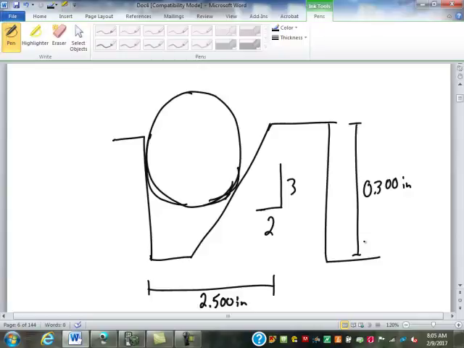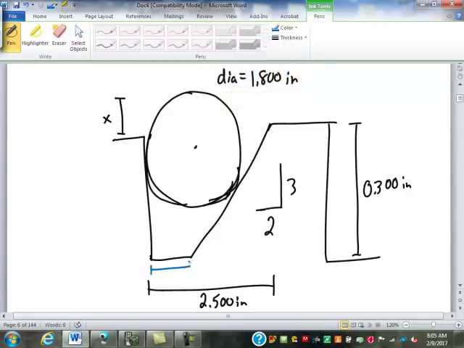From here over to here is going to be 2.5 inches. Let's see here. The ball is going to have a diameter of 1.8 inches. Let's see where that takes us. I want to know how high it sticks up above the surface.